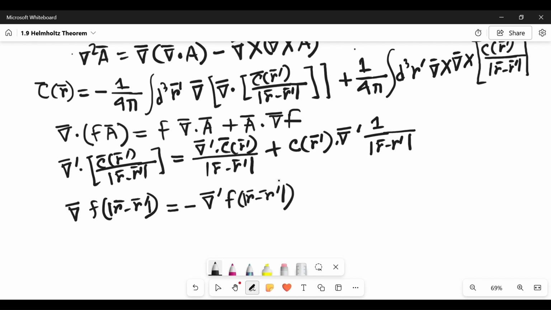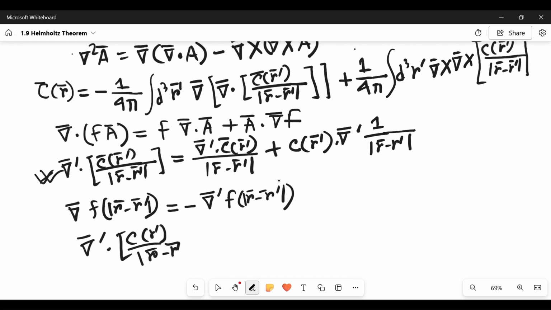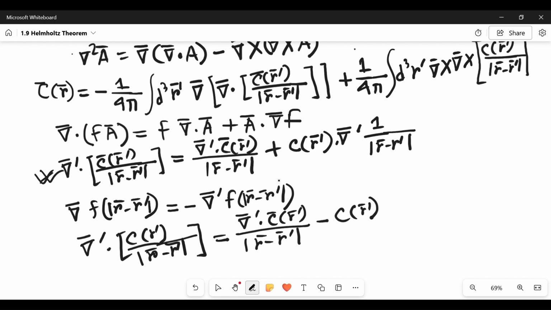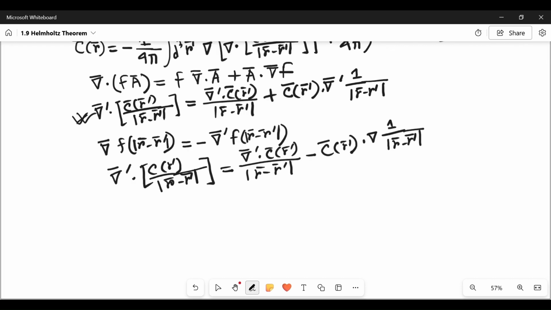And if we apply the properties in the above equations, we can write the last term will change. Let's rearrange the last equation.